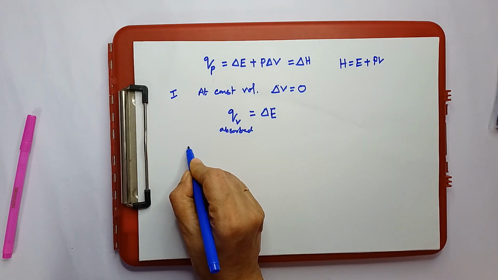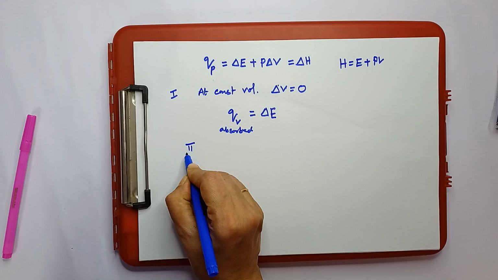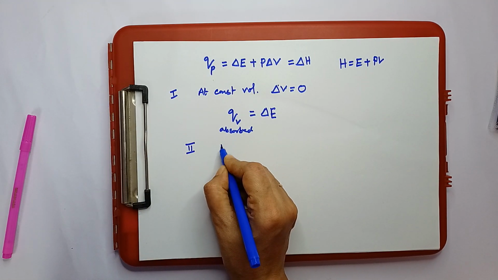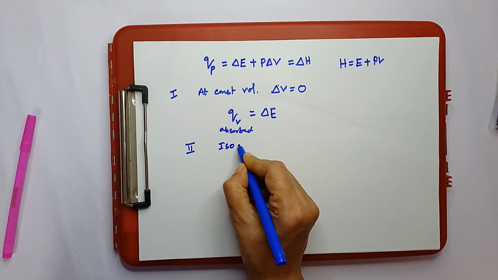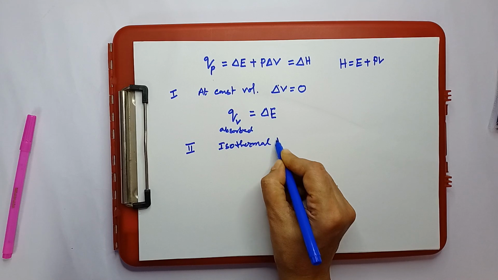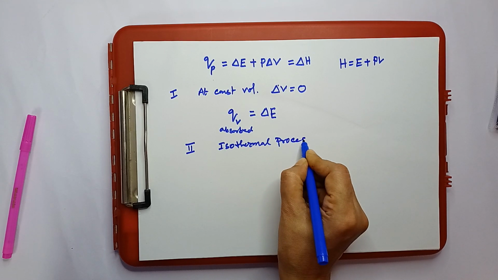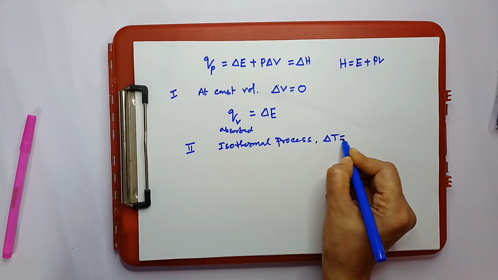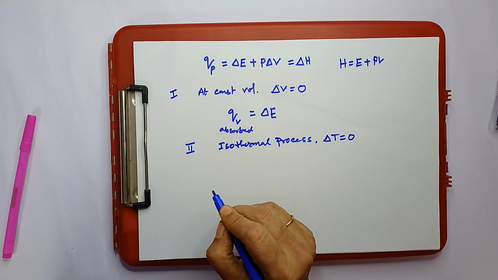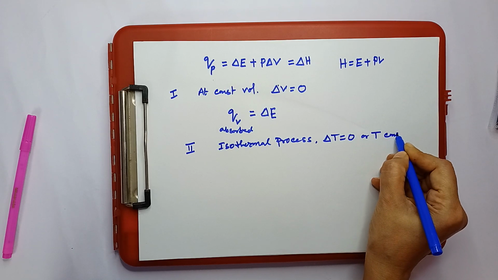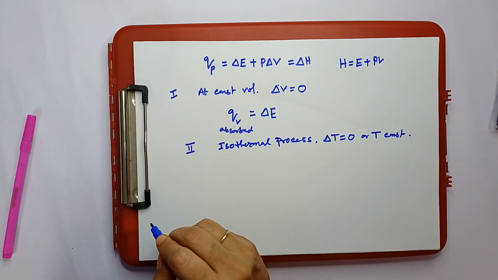Now in the second case, just imagine an isothermal process. Isothermal process means delta T is equal to 0. There is no change in temperature, or temperature is constant.